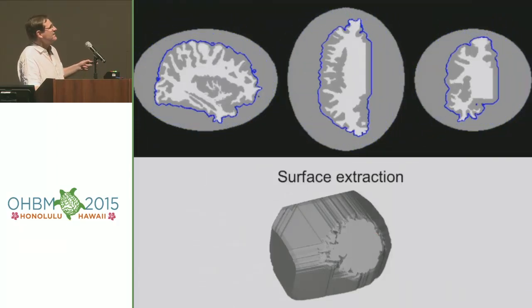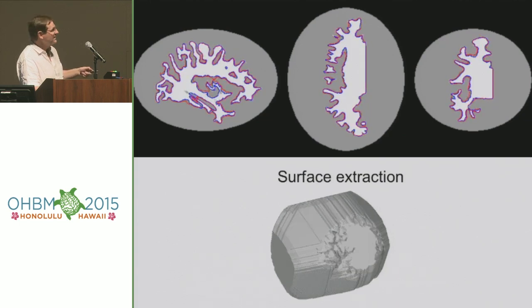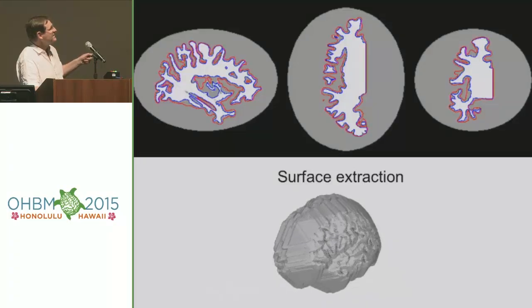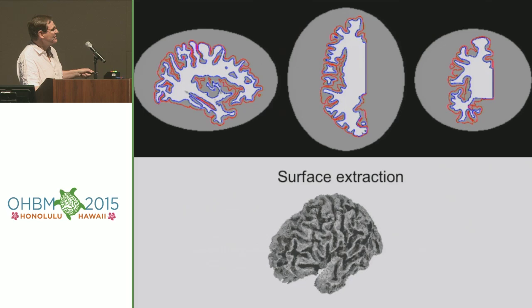So generally, we're extracting cortical thickness at the gray matter, white matter boundary, and then evolving that out to the gray matter surface, as shown visually below.